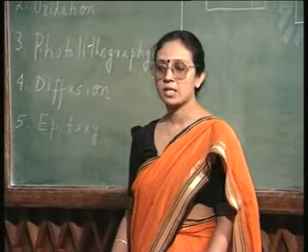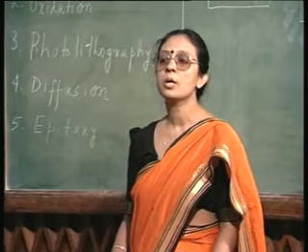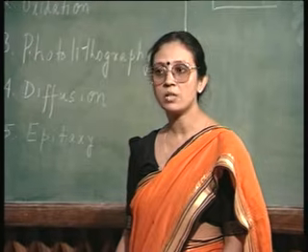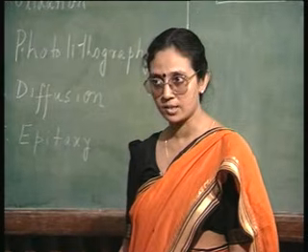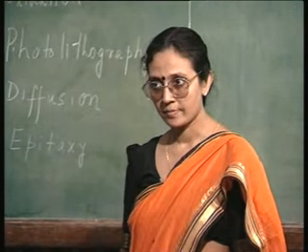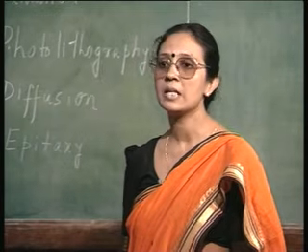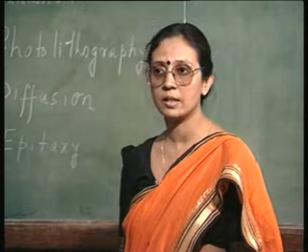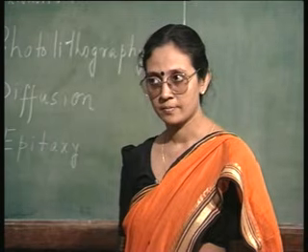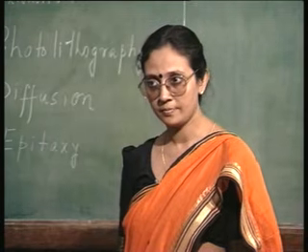This N epitaxial layer is going to be the collector of the NPN transistor, and the N plus buried layer diffusion is done in order to reduce the collector resistance. Okay?